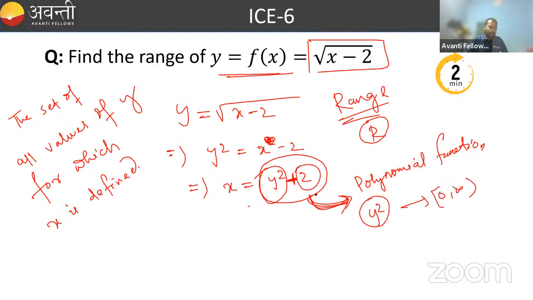If we add another positive number 2 to y square, it gives non-negative values, starting from 0 to infinity. So the range is 0 to infinity, right? Y square is always positive.